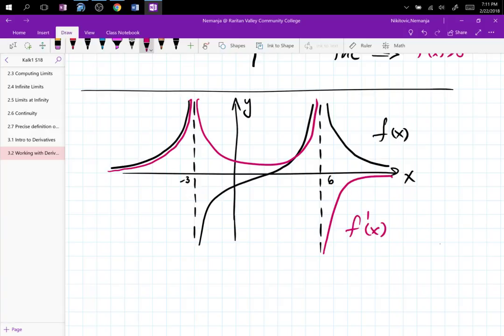Got it? Why on the left it goes up, and on the right it goes down. Is this increasing or decreasing? And decreasing means negative derivative. This is negative. It's below the x-axis because all of the y numbers are negative.